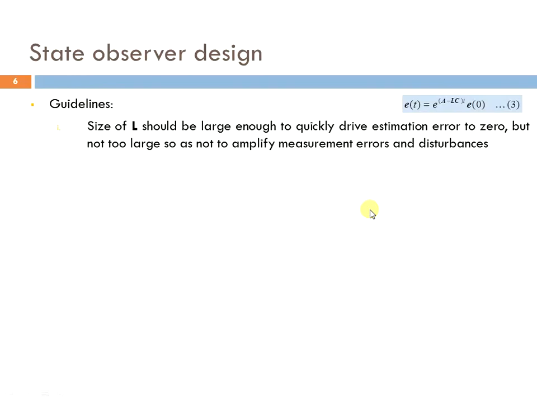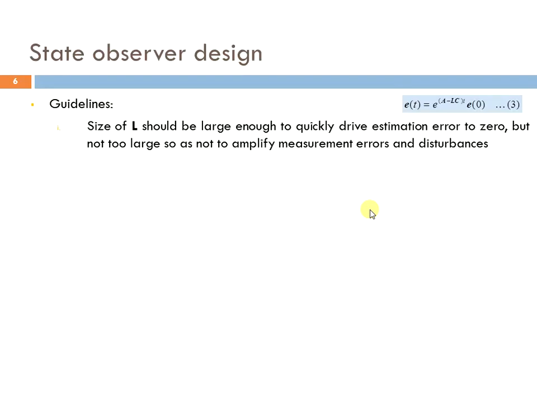But we also need to keep in mind that these error dynamics are defined on the basis of the measurement of the output, and we can expect that the measurement of the output is going to be associated with some measurement errors or measurement noise and some external disturbances.